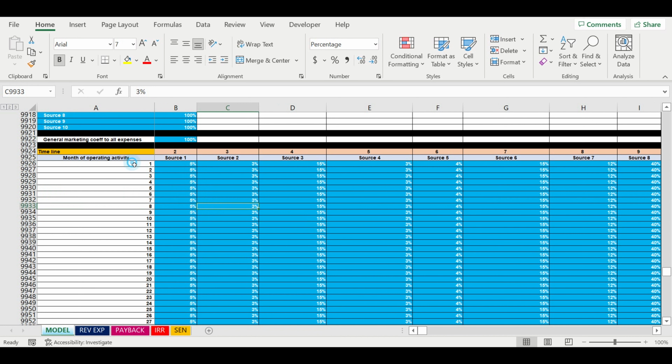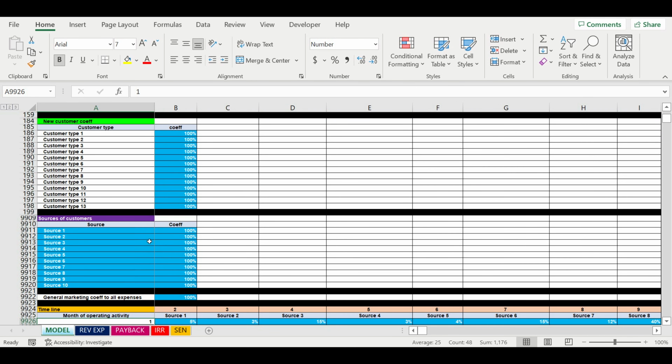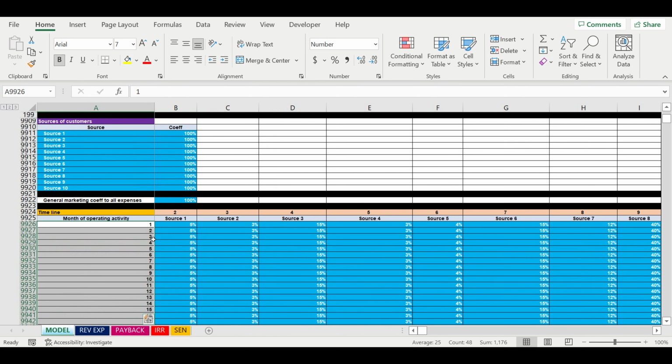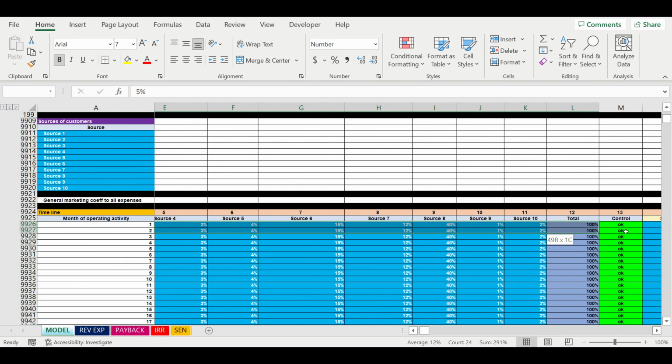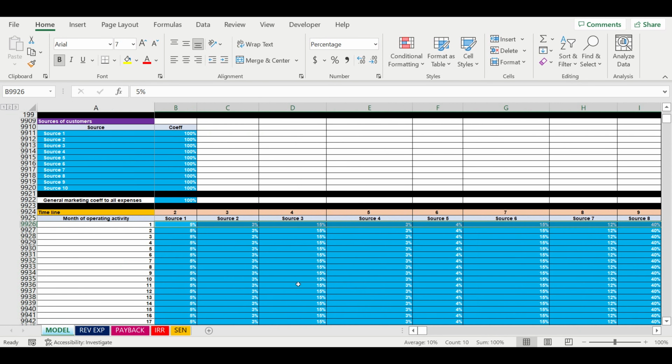Here then we have a timeline, 10-year timeline, the months of operating activity, and here is how we allocate new customers between these sources, between, for example, YouTube, Instagram, Google AdWords, and other sources.